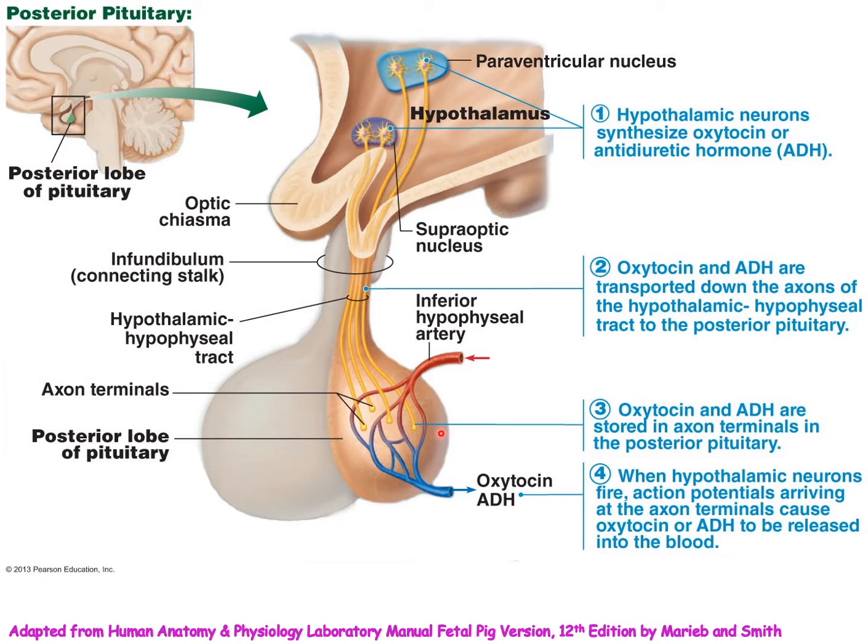Both oxytocin and antidiuretic hormone are stored in axon terminals within the posterior pituitary, and when it is time for them to be released, there will be direct nervous stimulation from the hypothalamus to the posterior pituitary.